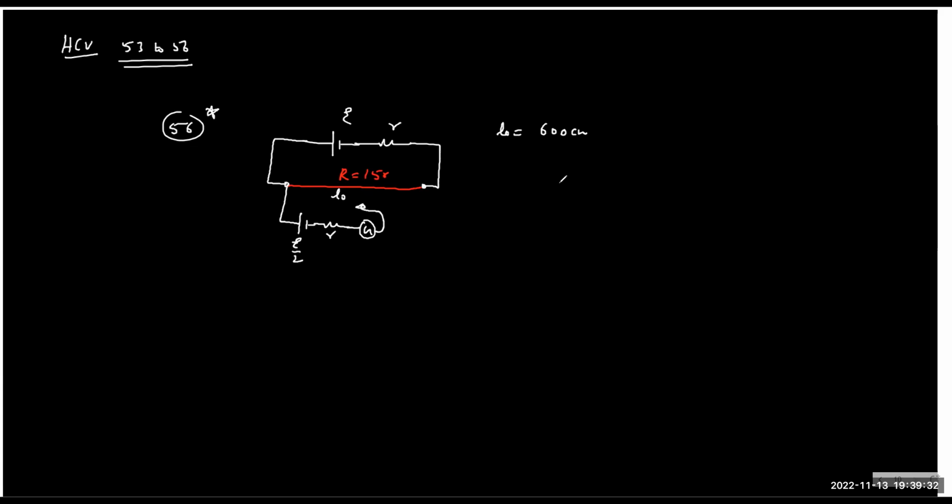At what distance from the point A should the jockey touch the wire to get zero deflection? That's the first part. For zero deflection, it means nothing will go through the bottom branch, so all current will be part of that. So it will be E by 16R.